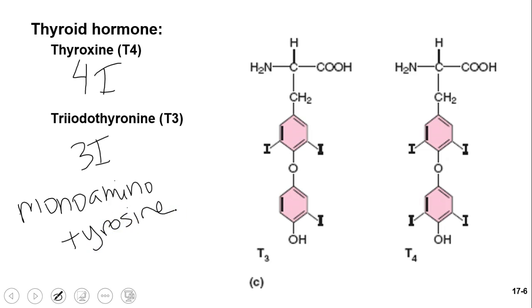This class of hormones are monoamines, made from one amino acid, tyrosine, and then iodine is added. And we're going to talk a little bit about the synthesis of these hormones in a moment.